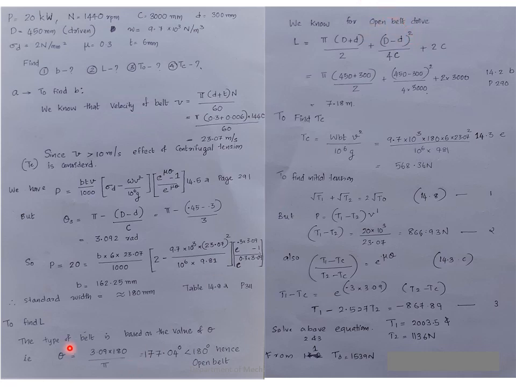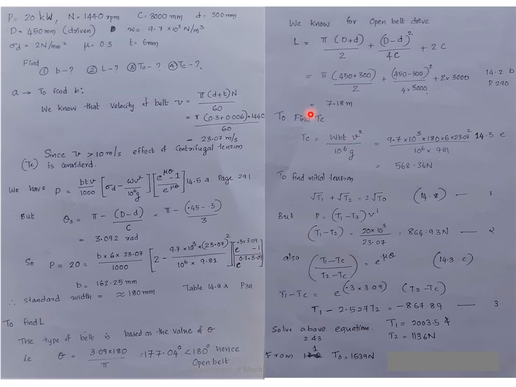We have the value theta equal to 3.092, and converting it into degrees we obtain 177.04. It is less than 180 degree, hence we consider this as an open belt. We studied open belt and cross belt in the first part video. Please refer to that video for more details.